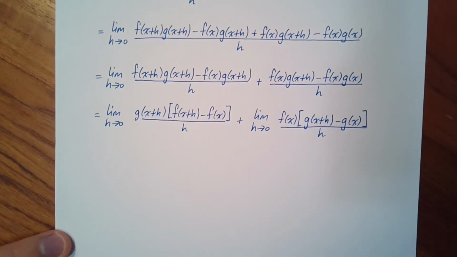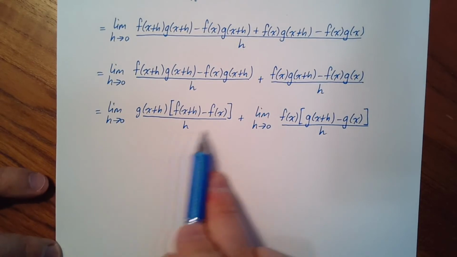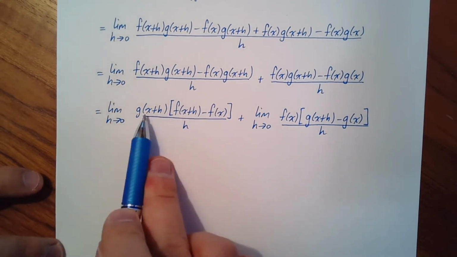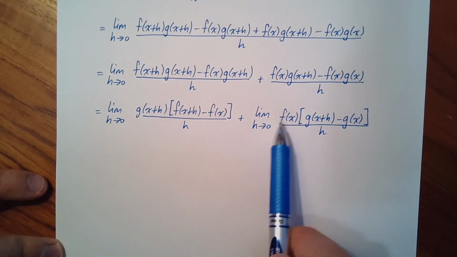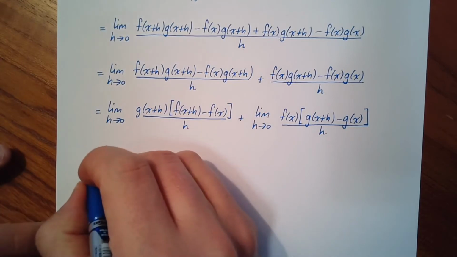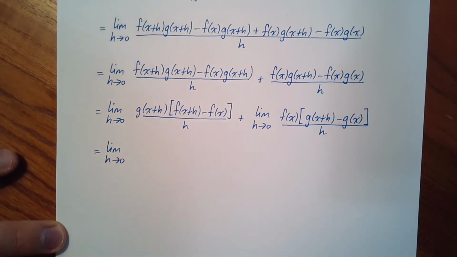Okay, and now what? Well, I can split this up as g of x plus h. That can come right out of the fraction and be multiplied out in front of it. Same with this f of x. This f of x can be pulled out of the fraction as well. So not much is going to change here, but it is an important step to make this actually work out.